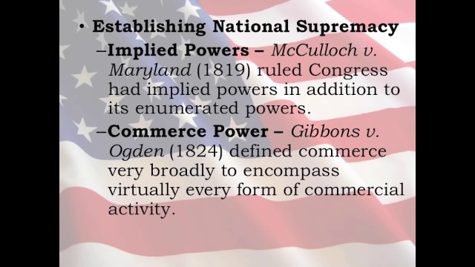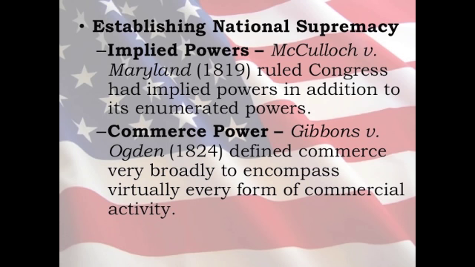Let's first look at McCulloch v. Maryland, 1819. McCulloch v. Maryland was the case that first brought the issue of state versus national power before the Supreme Court. In this case, the Supreme Court ruled that national policies take precedence over state policies.